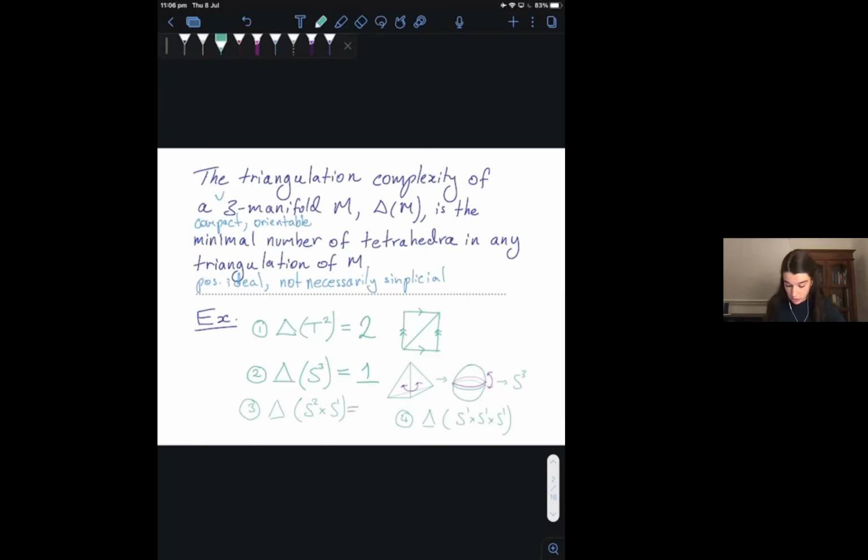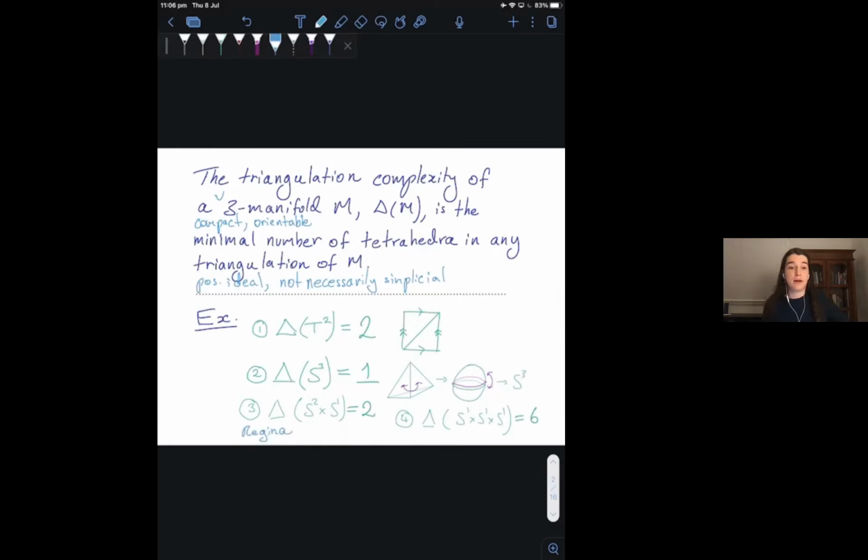And similarly, nothing particularly insightful, for the 3-torus we get 6. I should note that for these bottom 2, when you're doing these exhaustive checks, obviously you don't want to do that by hand. There are computer programs like Regina that are fantastic for this sort of thing.